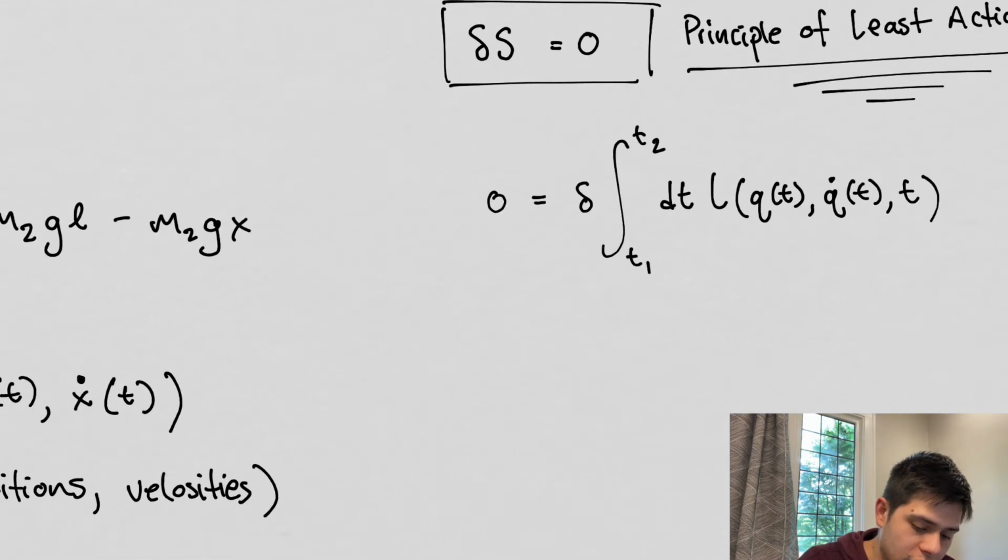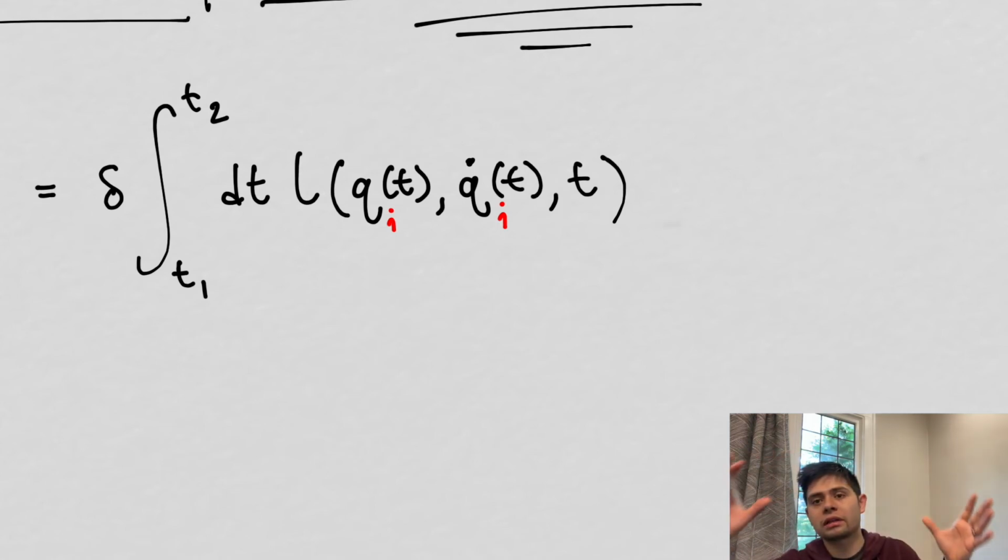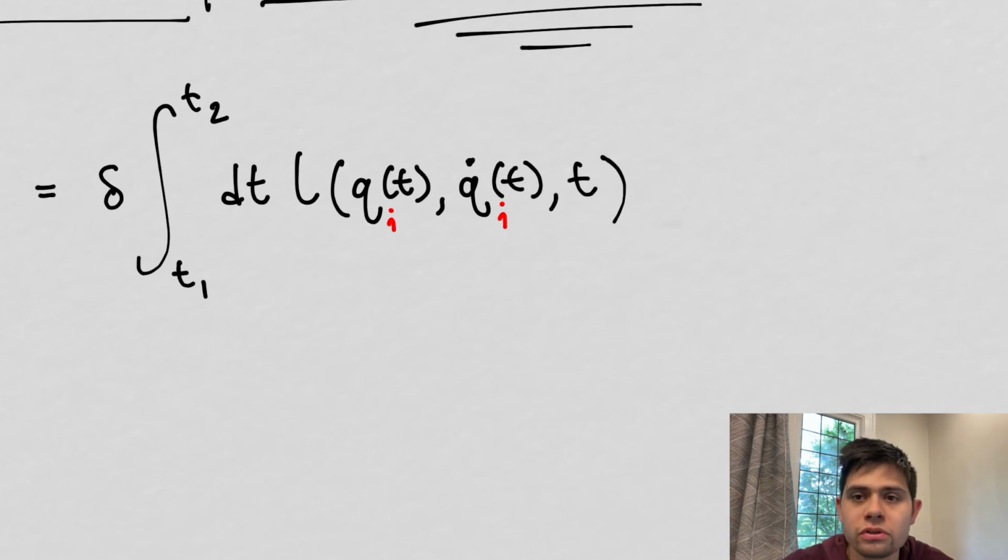And so the Q's generalize that. And typically you'll see an i right here, and the i goes from 1 to however many moving parts you have in your system. So if you have a very complex system with, say, 20 moving parts, then i is going to run from 1 to 20. This is just a way of compactifying our notation.